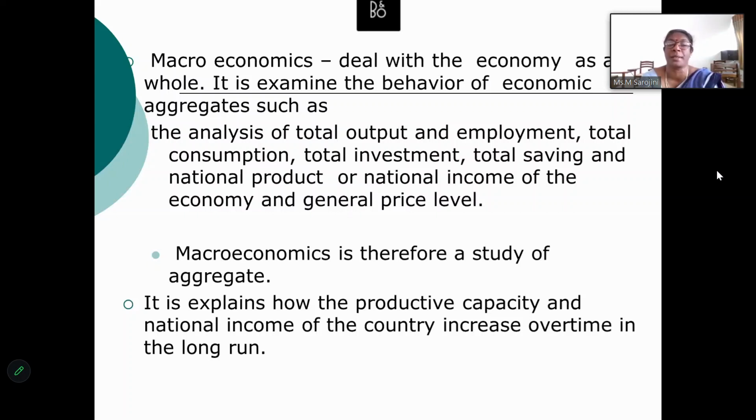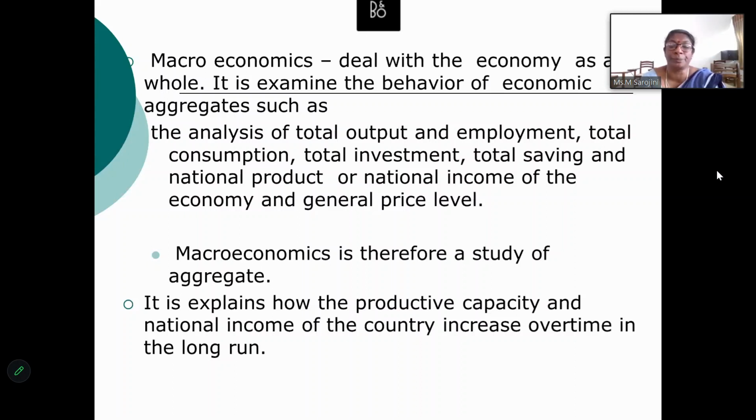It concentrates more on the general price level. Therefore, macroeconomic analysis is called aggregate analysis.